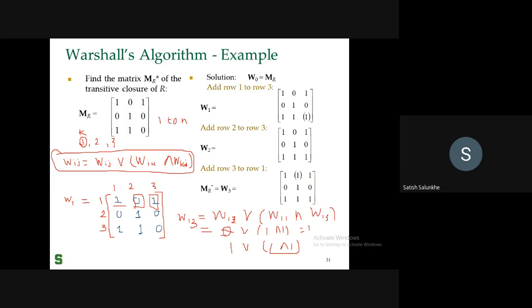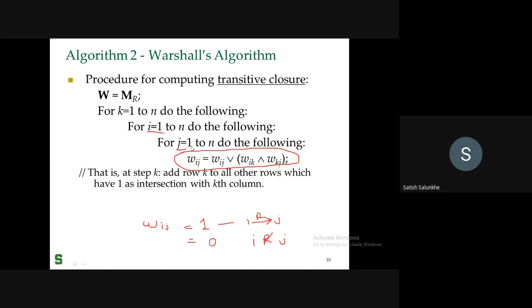Likewise, now you have finished all columns. So, as per the algorithm, you have finished j equal to 1 to n for i equal to 1. So, one iteration is over for all the columns for i equal to 1.